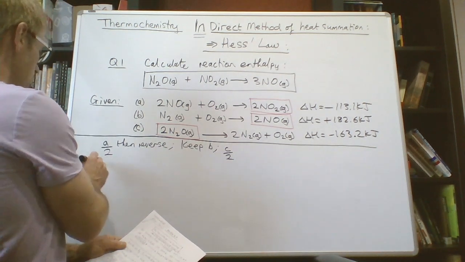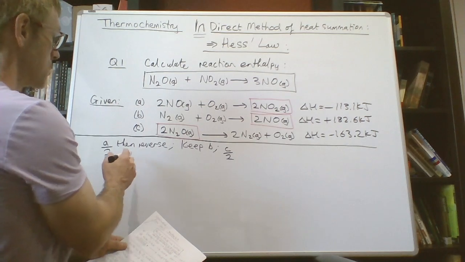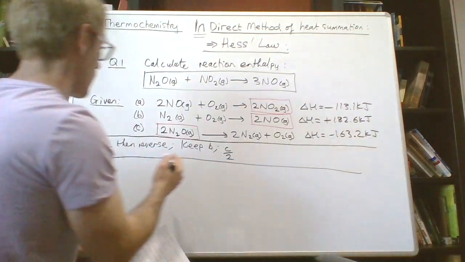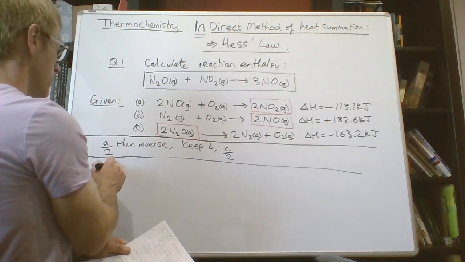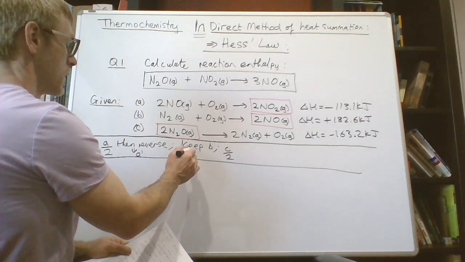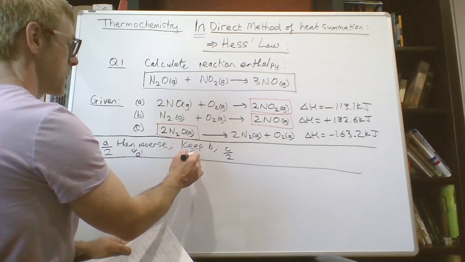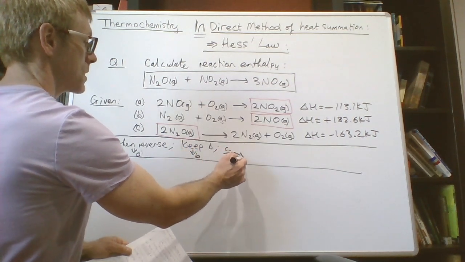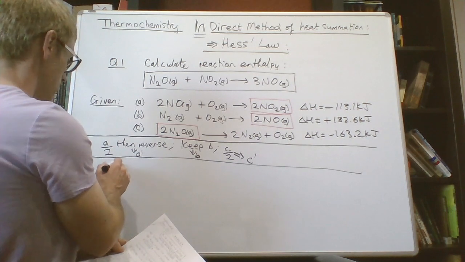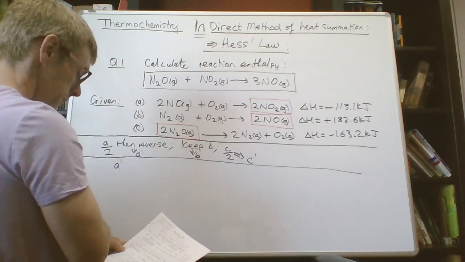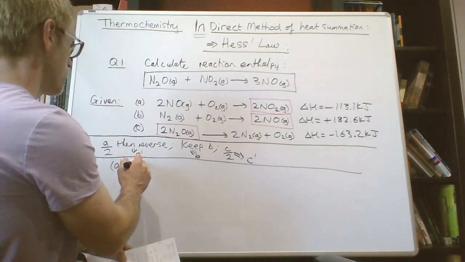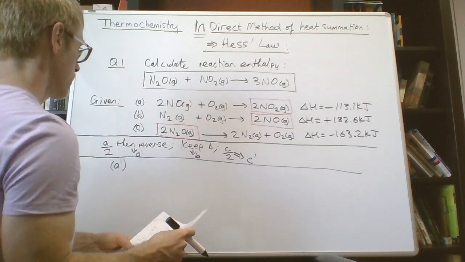If I actually write that, so let's say A divided by 2, if I rewrite that real quick, let's call that A prime. Let's keep this as B because that never changed. Let's call this C prime. Okay. So then let's write A prime. That's going to be divided by 2, then reversed.